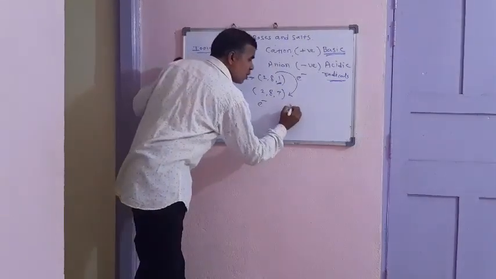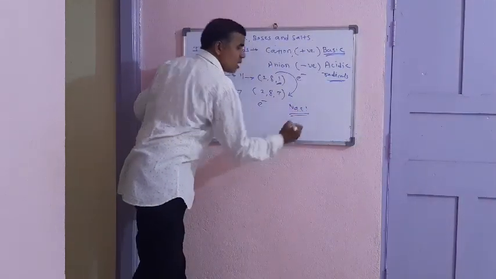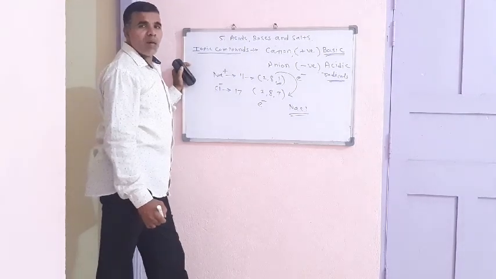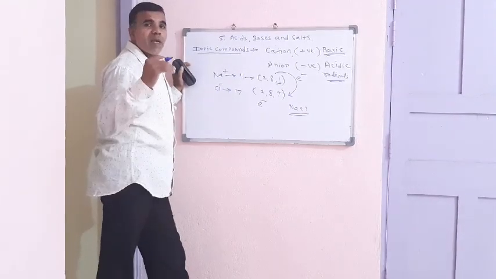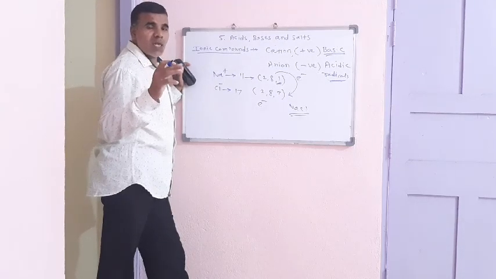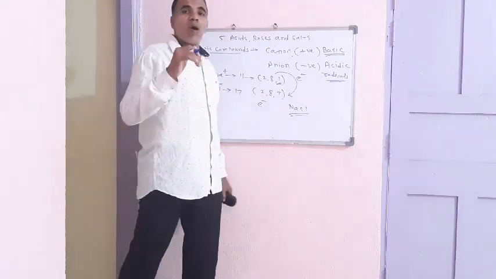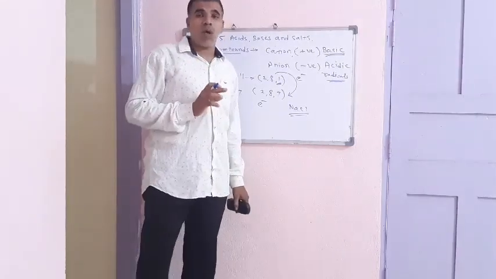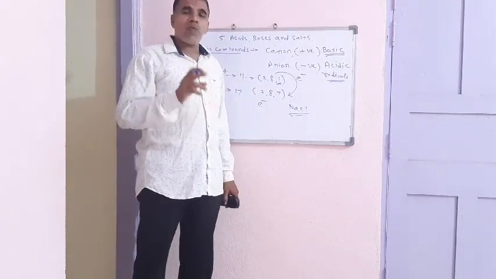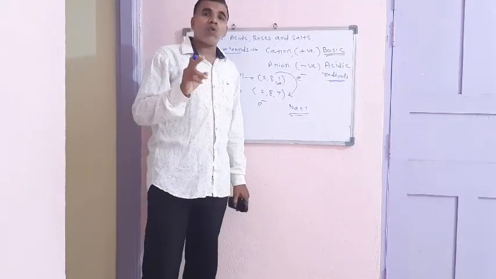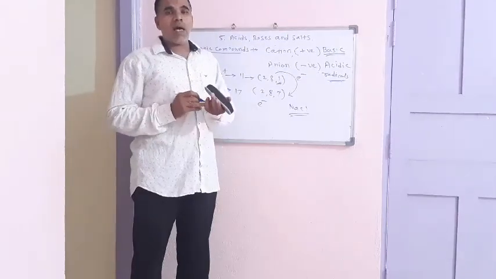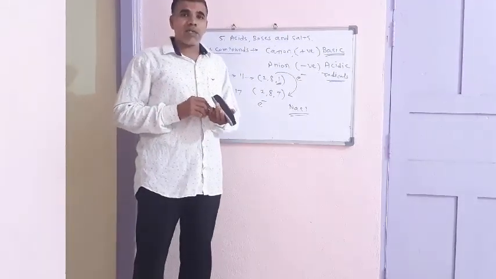We get sodium chloride, which is an ionic compound, because in this compound there is give and take of electrons to form ionic bonds.